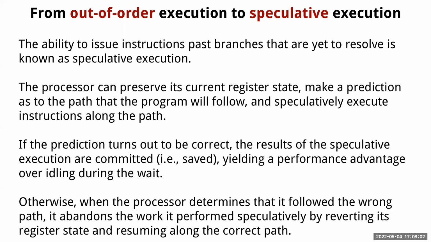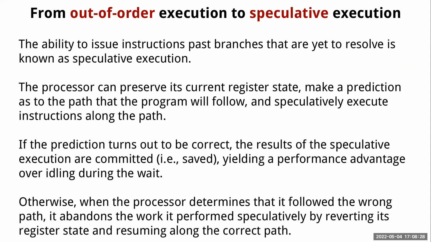When the CPU does this, it will preserve its current register state, make a prediction as to the path that the program will follow, and since it's a prediction, it's a guess, the CPU can make a wrong prediction. Then the CPU speculatively executes the instructions along the path.